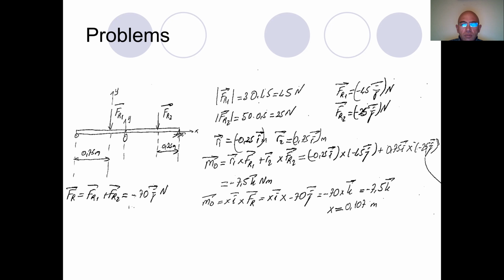Now, we have two loads and we can find the resultant force generated by FR1 and FR2. In fact, it is the sum of these two.